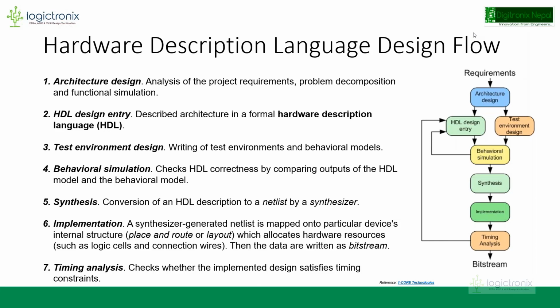In the next phase we have the synthesis process. The synthesis process is actually the process of checking the syntax, semantics, and verifying the general code by the tool. The synthesis process checks everything.